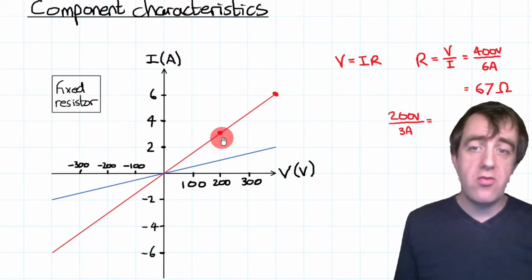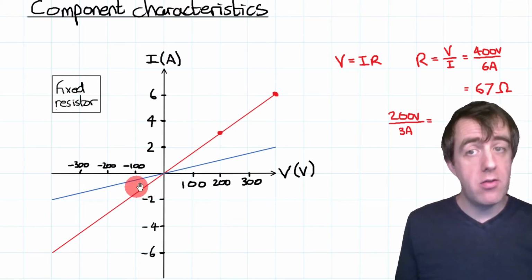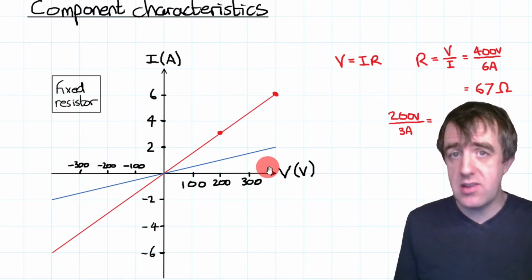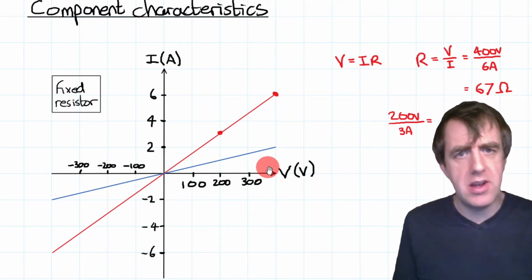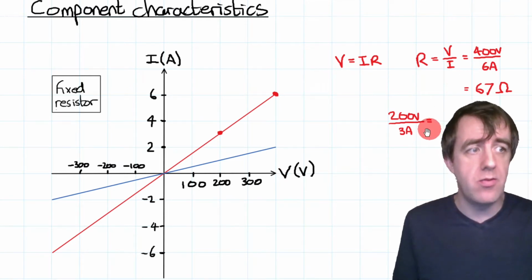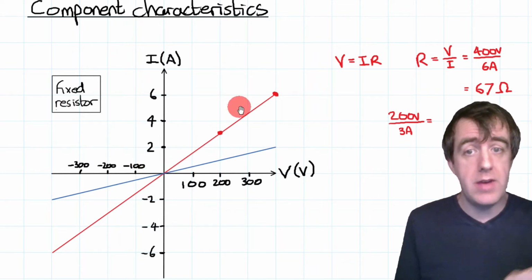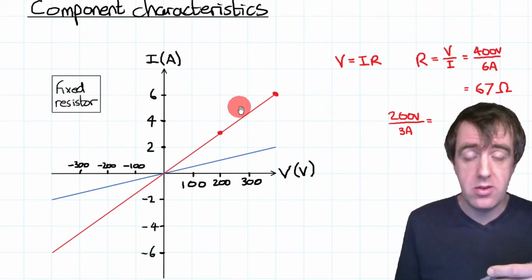So when we have a straight line on our characteristic graph going through the origin, we know the resistance for any potential difference will be the same. The resistance doesn't depend on potential difference. We've got the same value of resistance, regardless of what values of potential difference we chose.